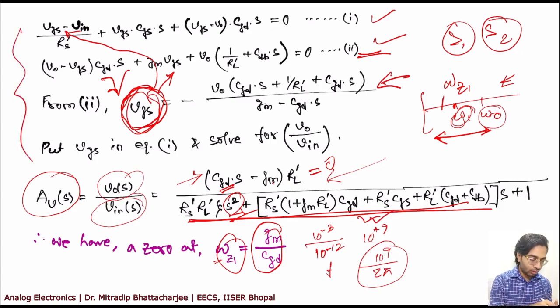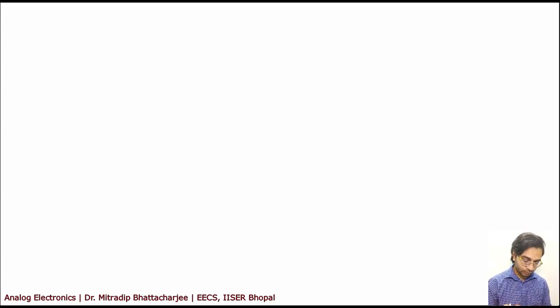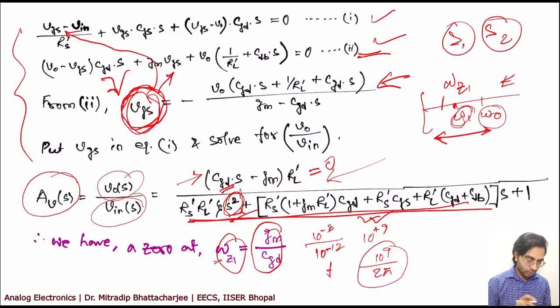You can once calculate the whole thing on your own and check if this is okay. And you will find a quadratic equation in the denominator, which will give you two poles, which we also have seen in the case of previous calculations. So this is all about the poles and zero associated with the amplifier circuit.